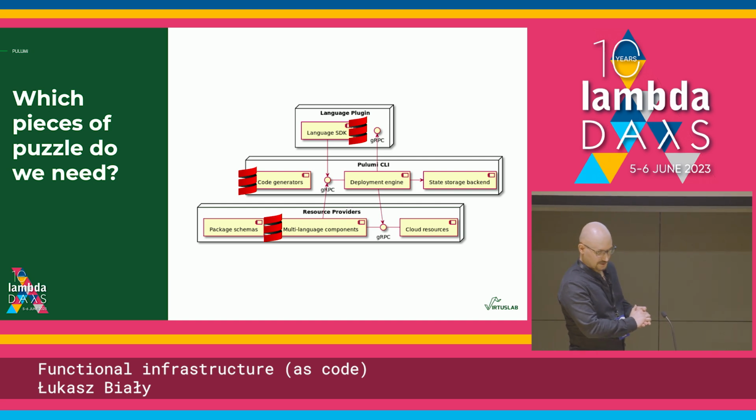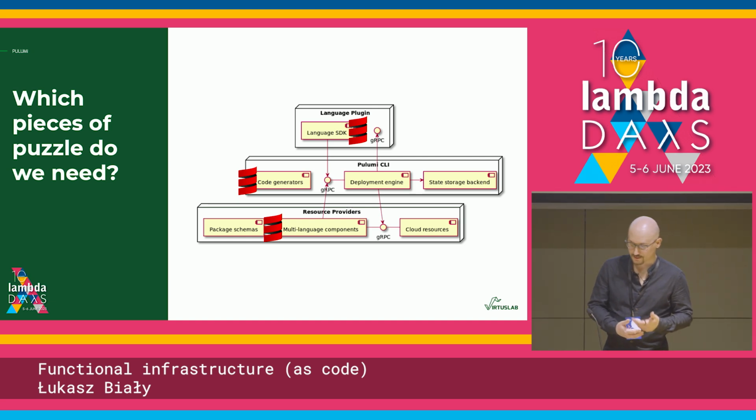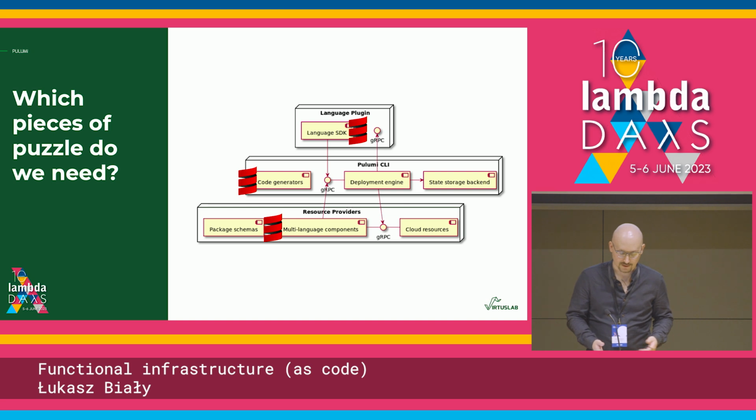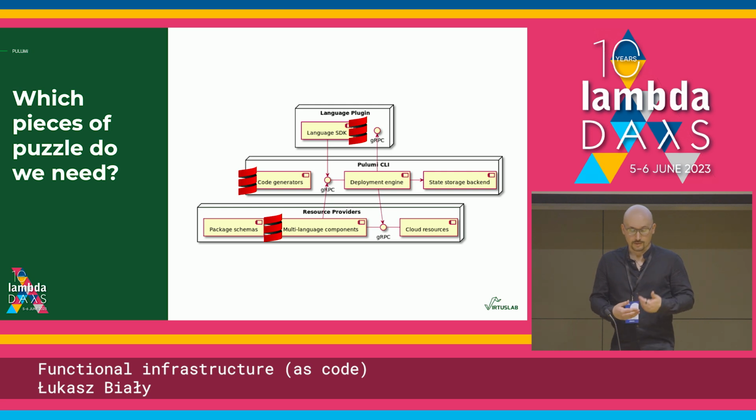So what we had to do. On this chart, the first and most obvious thing is that we had to build a language SDK for Scala. We had to build support for the primitives that allow you to build Pulumi programs. On top of that, to actually do anything productive besides just running programs that don't do anything, we have to have libraries. We have to have providers. And that is, as I mentioned, done by generating code.